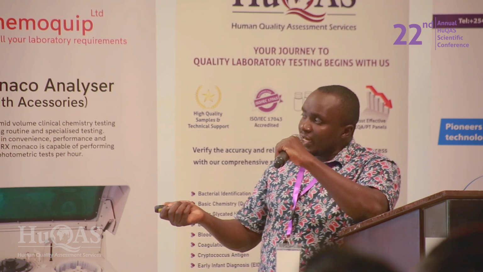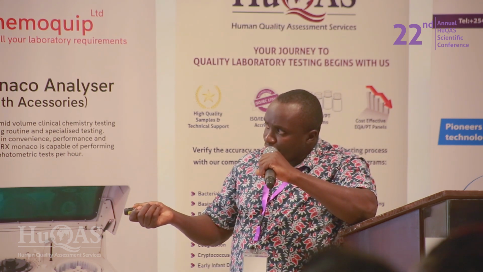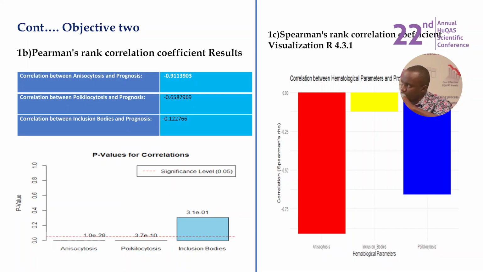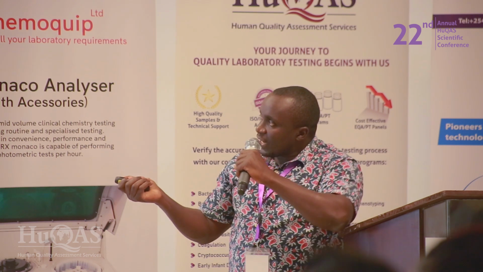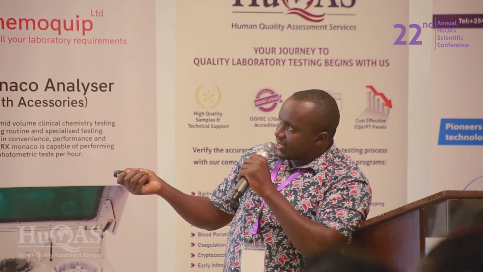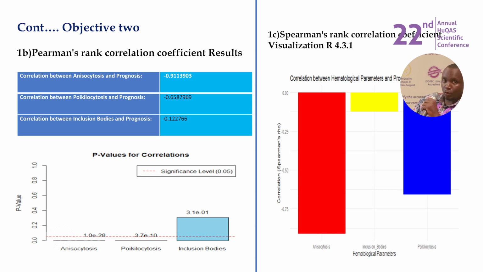But this information does not give us each type of inclusion body, whether it is low, moderate, or high inclusion bodies. This is just an explanation of that. Don't be afraid if you don't understand.